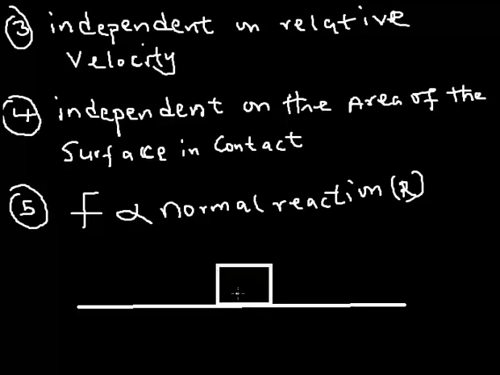We talked about this when we treated Newton's third law. For the surface to be able to withstand the weight of this object, it must react upward with a normal reaction.